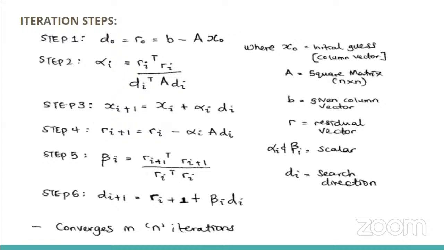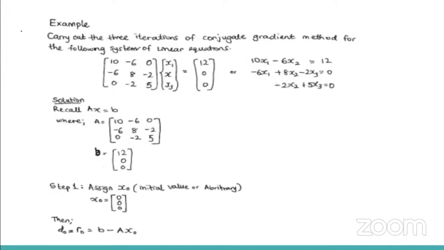The first step is d equals r naught, where r naught equals b minus A x naught. The first thing you should do is assign x naught. You have to assign an initial or arbitrary value for x naught.